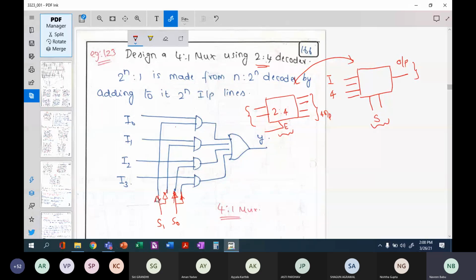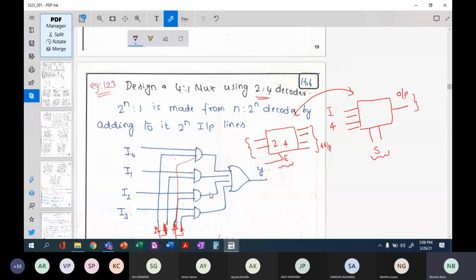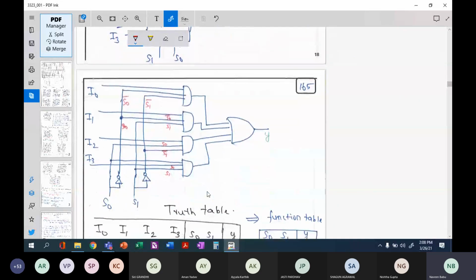Here there will be a NOT gate and there will not be any NOT gate here. Actually there will be 2 inputs here. So you know how a 4x1 multiplexer looks. This is how your 4x1 multiplexer looks. These are your select lines which I was trying to draw.